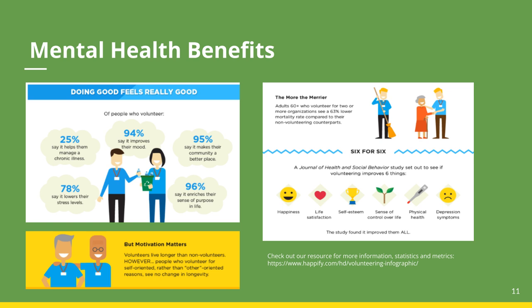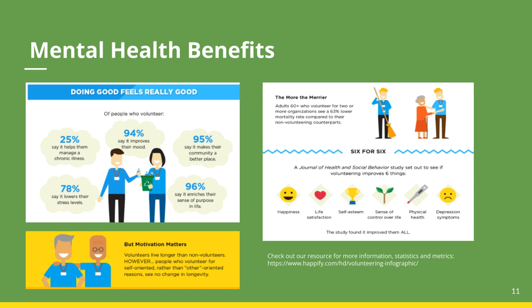Some of these different images you're looking at here are actually from an article that Twill, my company, published, and you can dive into them in more detail if you want to understand some other metrics behind it. They're all pretty cool ways to see the impact on mental health through volunteering. This was on the bottom right.